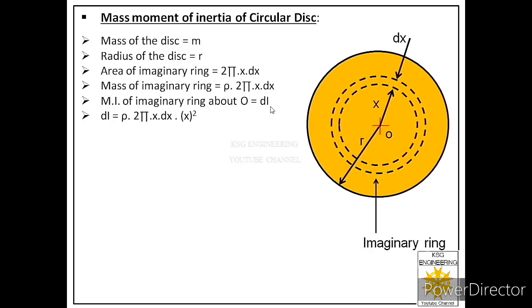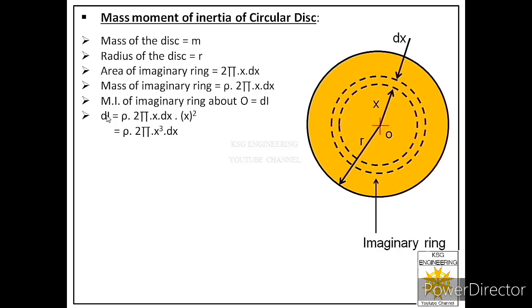So it means dI will be equal to rho 2 pi x dx. So this is what? This is the mass of the imaginary ring multiplied by its distance from the axis. So that is x, so we have to take the square of that distance. If we solve this further, we will get rho 2 pi x cube dx.